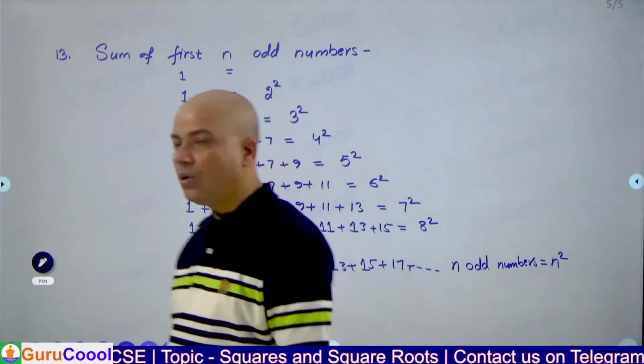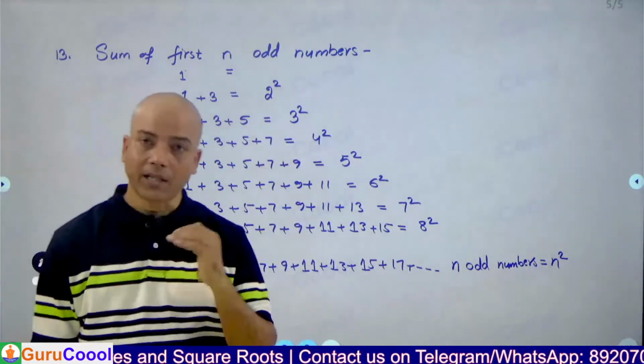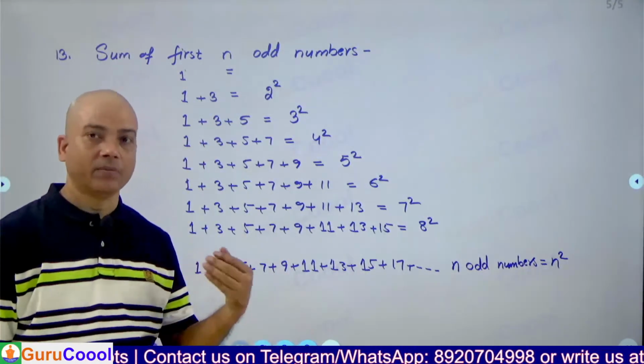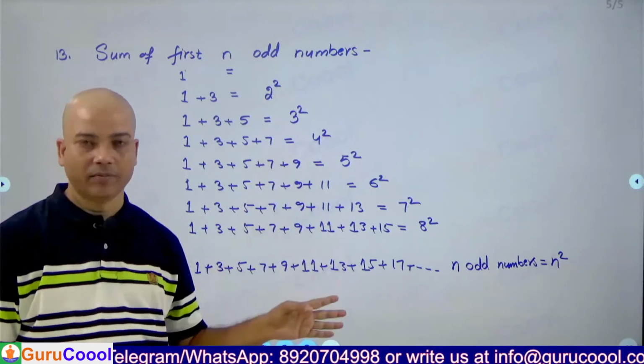If there are first 10 odd numbers, starting from 1. If you start from some other odd number, like 3 or 5, then this trick will not work.